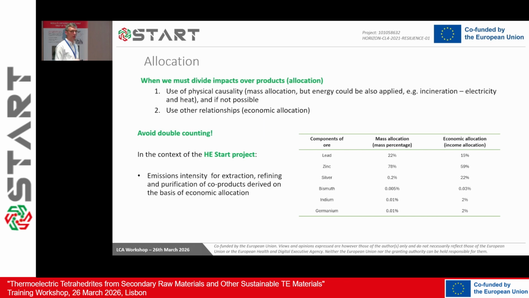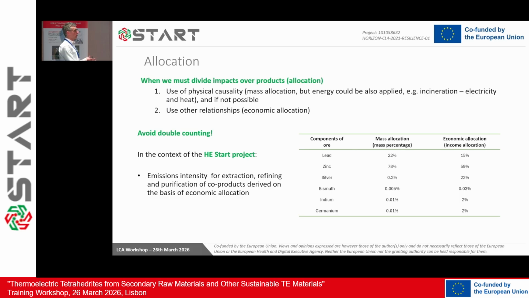But when we are looking at materials that may have small mass but a very relevant economic importance, usually that can also be a good criterion to use for the allocation, so that we can make sure that the high economic value can be translated also into the relevance for the contribution of the environmental impact.